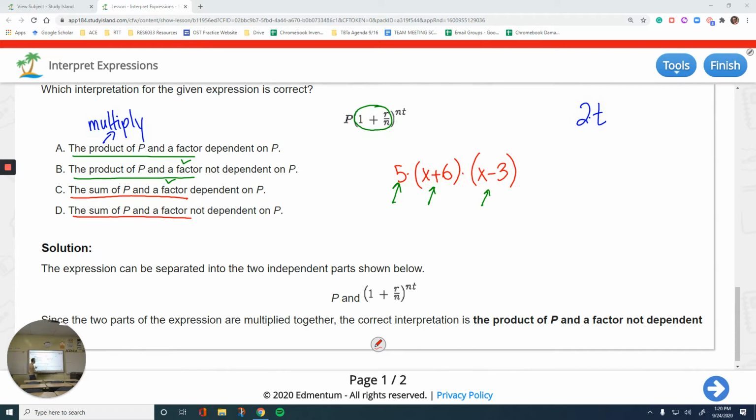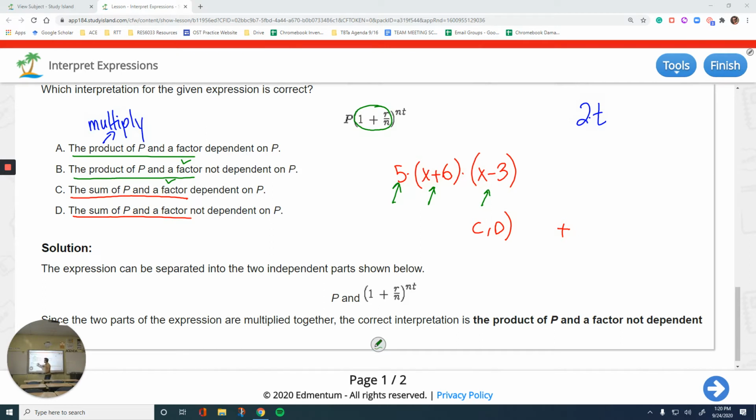For C and D, when it says the sum, put a plus in the middle, and then put the other two things on the left side and the right side of it.